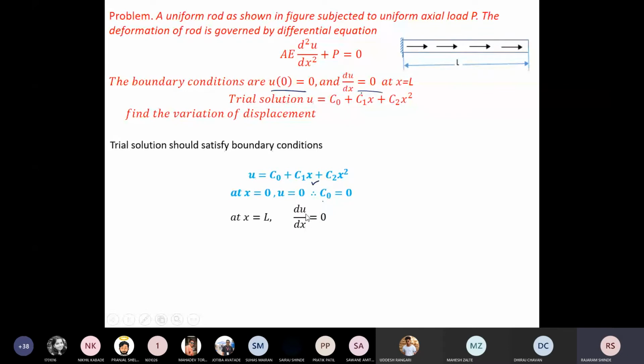Now when we differentiate this equation, you will get c1 plus 2c2x.